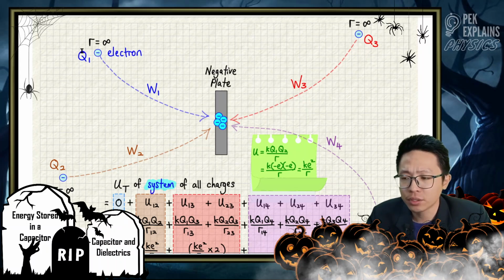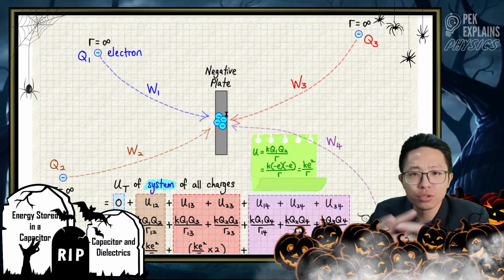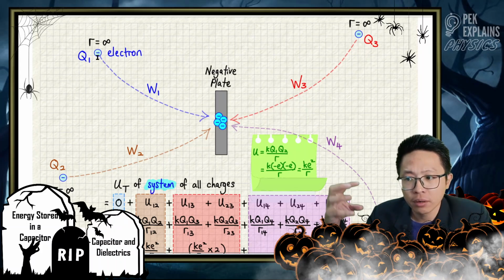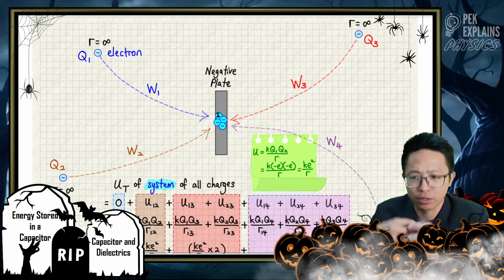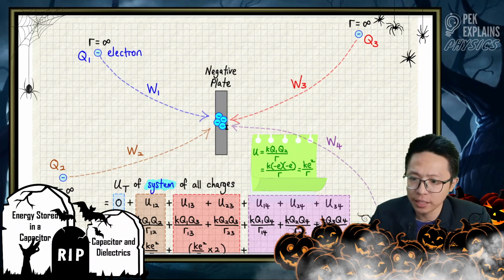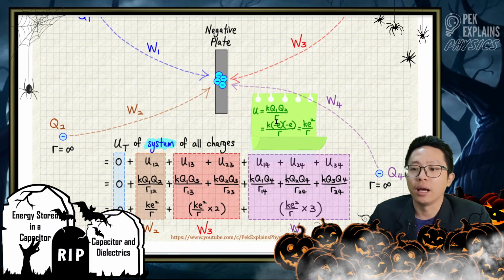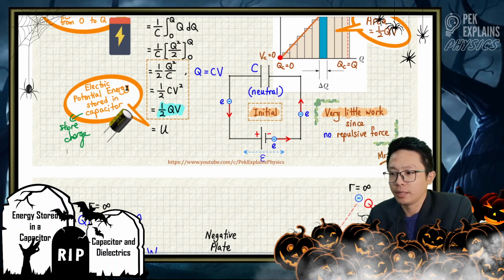Because you are bringing all the electrons from the positive plate together to become close to each other at the negative plate. You are bringing all the electrons which have the same charge, which repel each other, into close proximity at the negative plate. So of course, it builds up a very high electric potential energy at the negative plate, which is kQQ over R. That's why we say that the capacitor stores electric potential energy. Do you understand that?